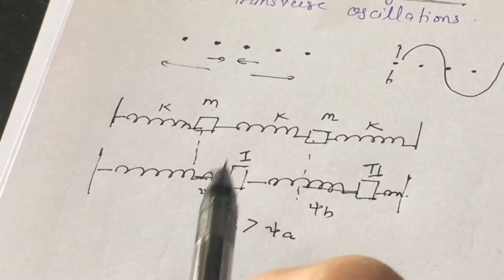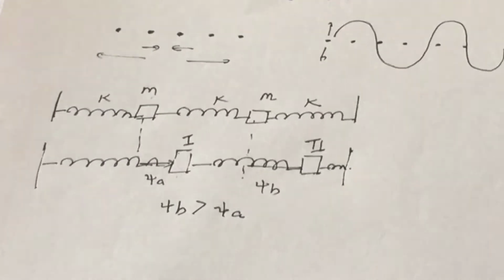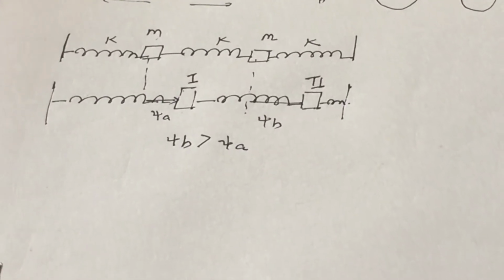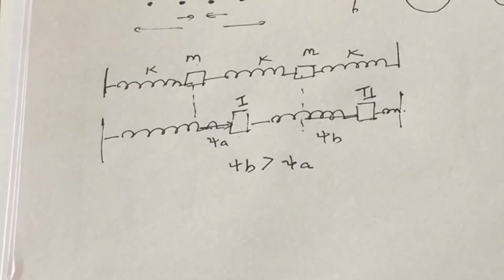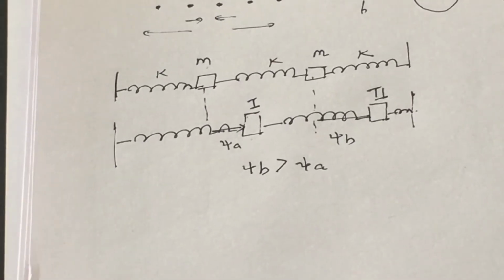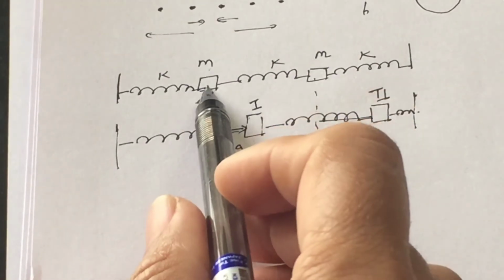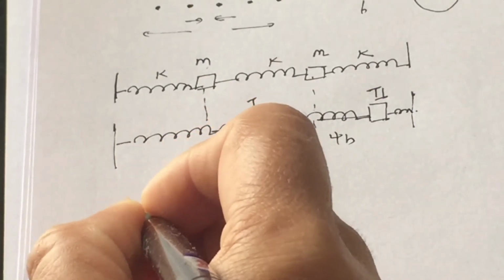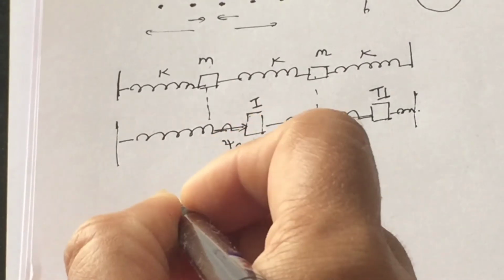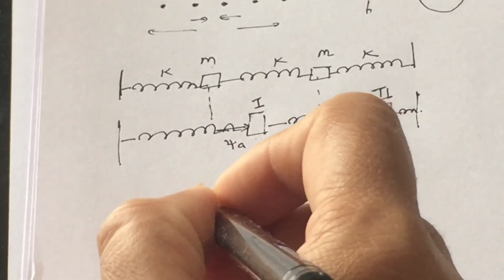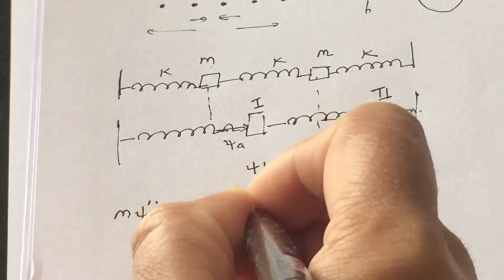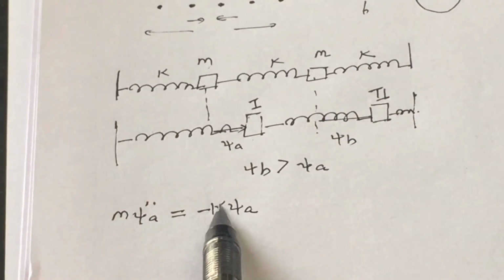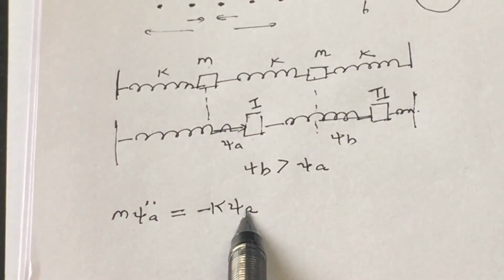If we write the equation for this system without any spring, for a simple pendulum, what will we get in simple harmonic motion? We will have m psi a double dot is equal to minus k psi a. This k is your spring constant, and psi a is the displacement.